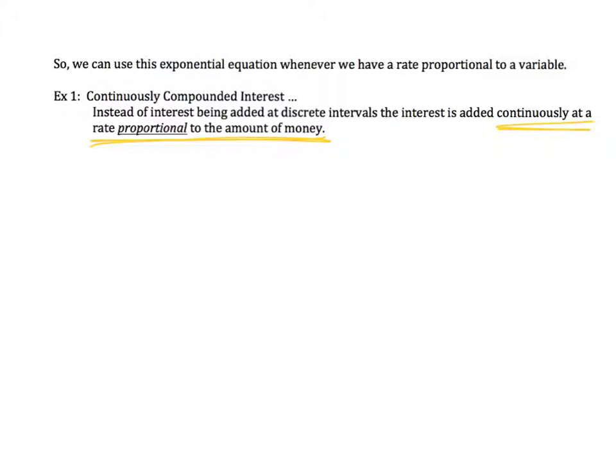I'm going to start with the rate. That's the rate of interest being added, or the rate of change of the amount of money that I have. I'm going to use A to represent the amount of money. dA dt, my rate, is proportional. That means that equals the amount of money times k, or in this case, I think it's going to make more sense to call that r.